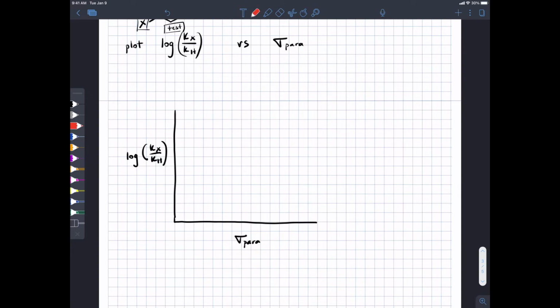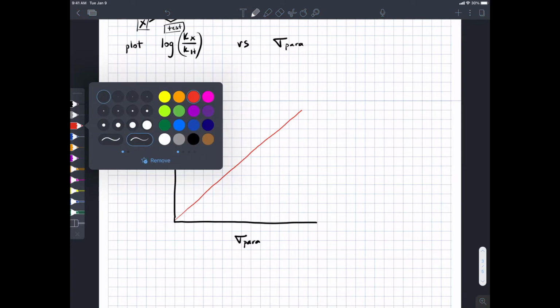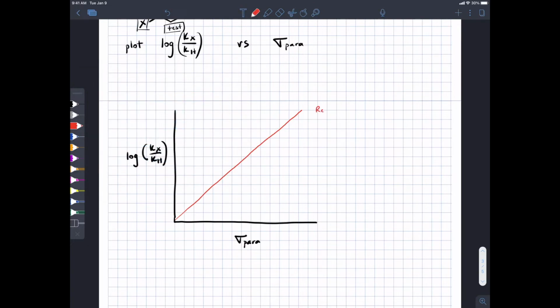So I'm not going to worry about where the intercept is or what the units on the axis are. But for our reference reaction, which is the benzoic acid reaction, the slope here equals 1.